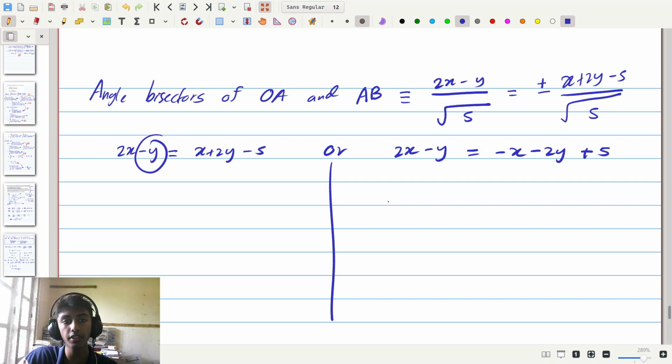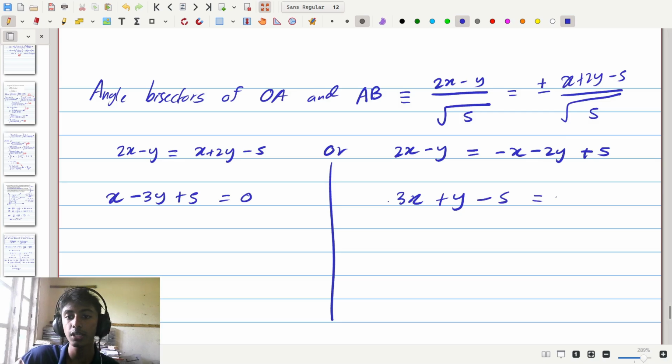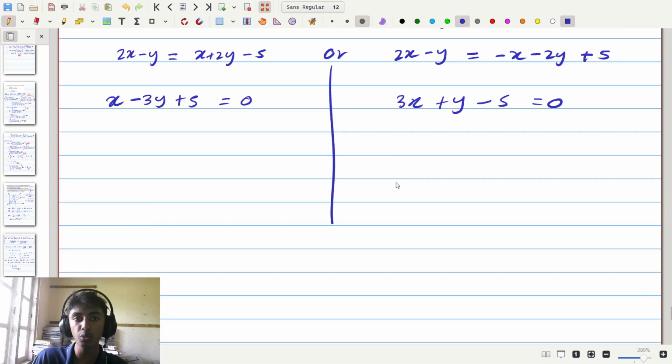Taking the y to the other side, we have 3y. So we have 3y minus 5 equals x, which means if we take everything to one side, x minus 3y plus 5 equals 0. On the other side, if we take the x's to one side, we have 3x, then minus y, and minus 2y to the other side becomes plus y. So we have plus y, and plus 5 to the other side becomes minus 5 equals 0. So these are the two lines that we have.